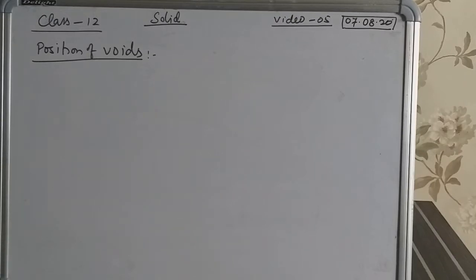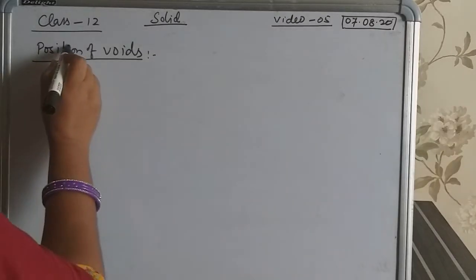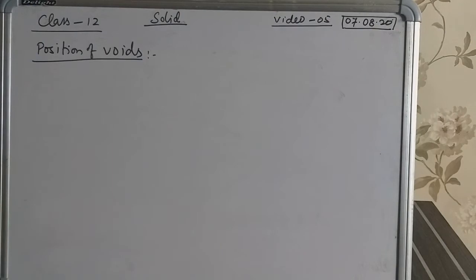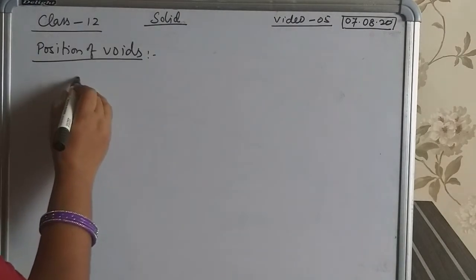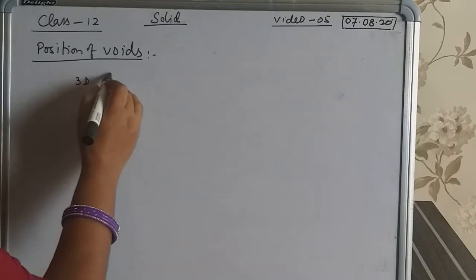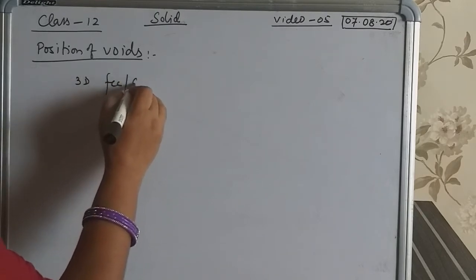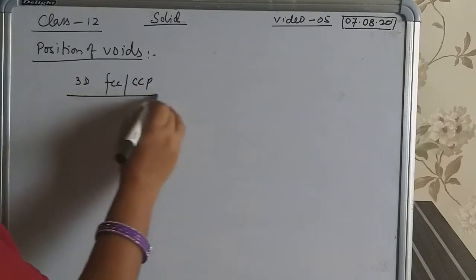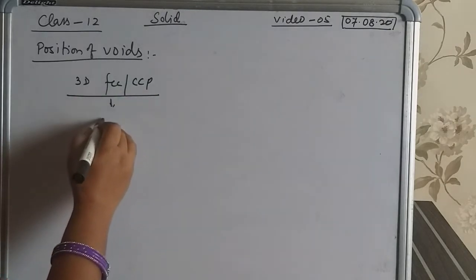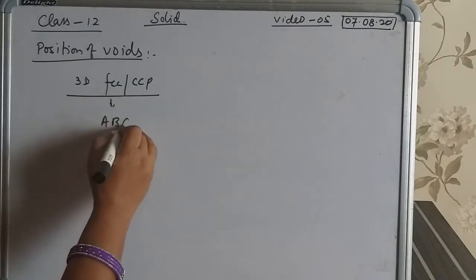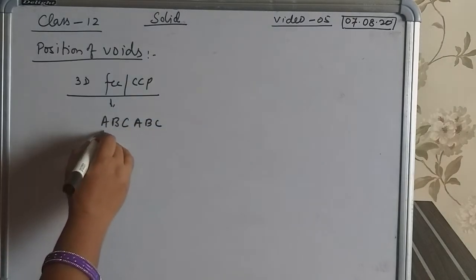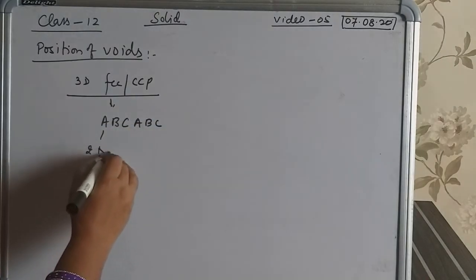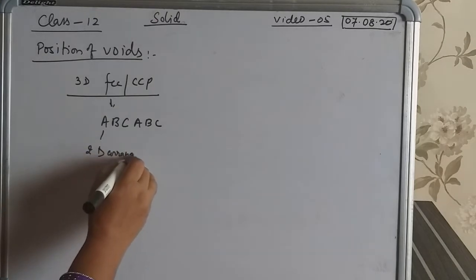Students, today I am going to discuss the position of voids in solid chapter. As we learned in the previous video, the arrangement of atoms in 3D in FCC or CCP is like A, B, C, A, B, C. A layer is the 2D arrangement as we have discussed.